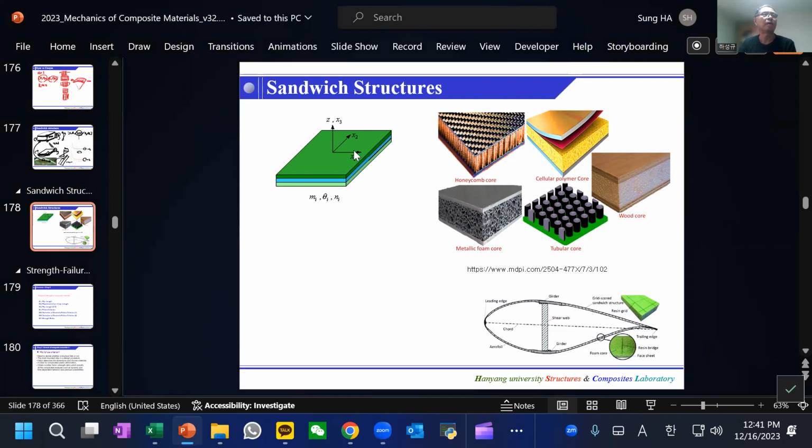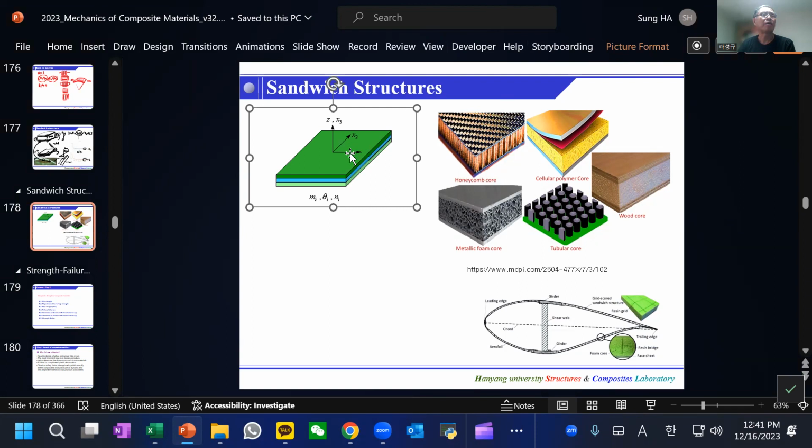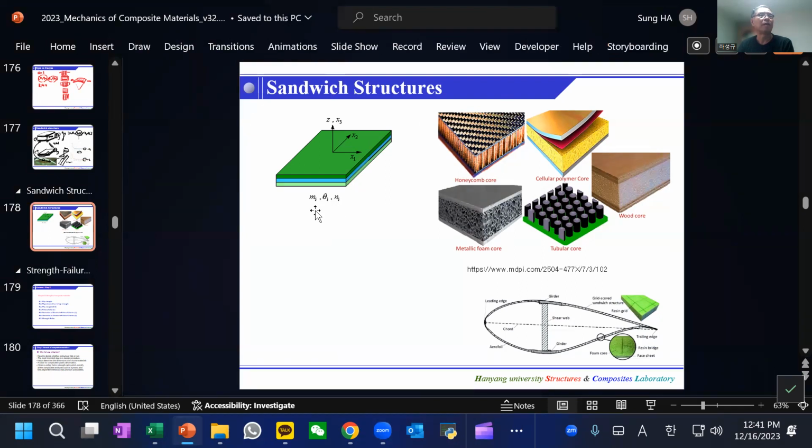When we study the laminate in general, each ply will have information about the material number, its angle theta, and number of plies. The number of plies is not so critical, but it can be considered as the ply thickness.